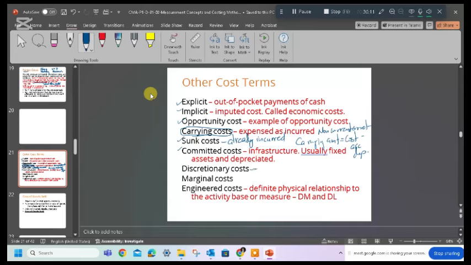Discretionary cost, an important term. Discretionary cost means cost that managers have the freedom to decide when to spend and how much to spend. A good example for this is marketing cost.